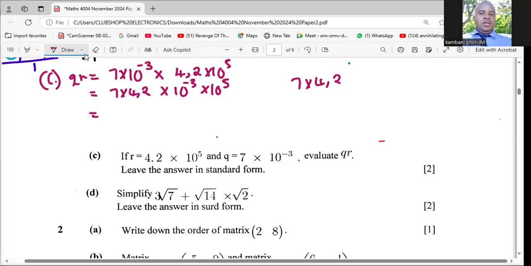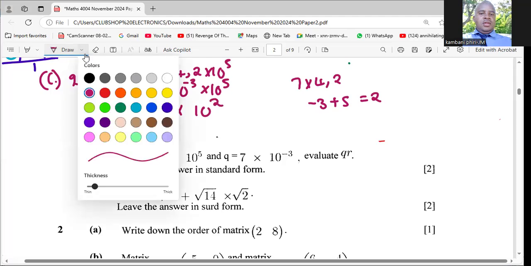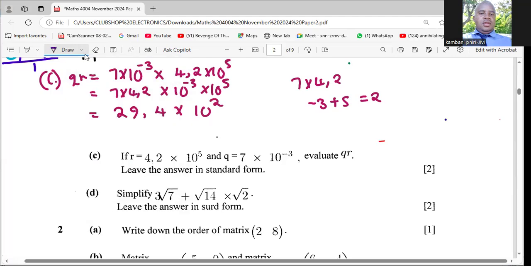We use our calculator to get 29.4 times 10. We can add negative 3 to 5. This gives us 2, so power 2.